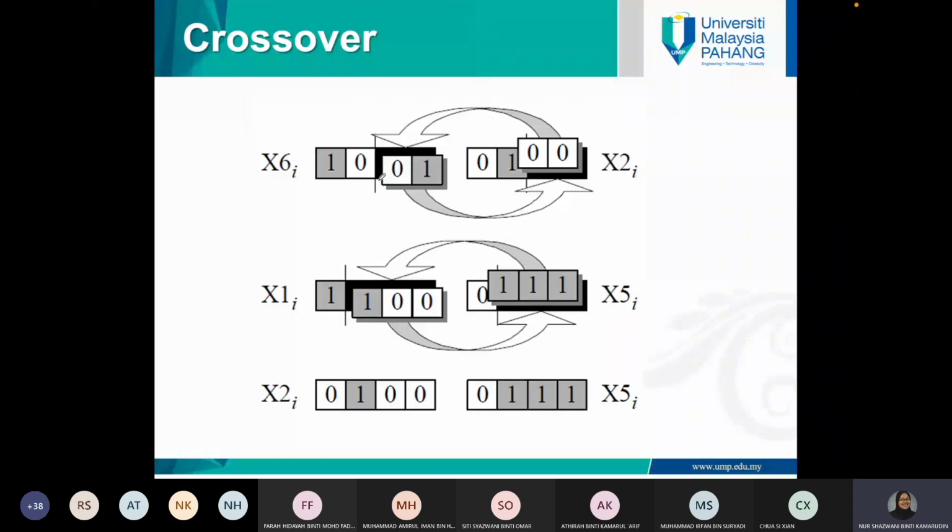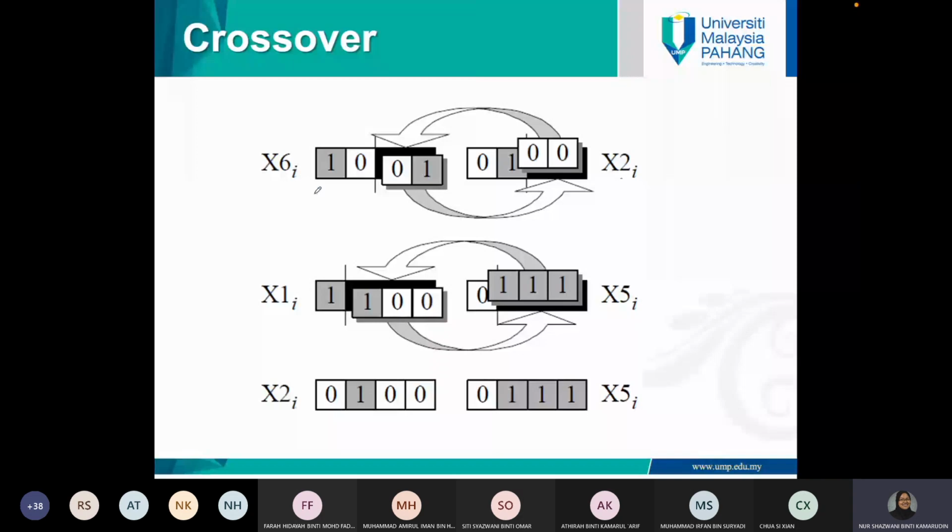So now we already have all the values for the parents. But now let's say we do the crossover. So let's say we want to cross between x6 and x2.